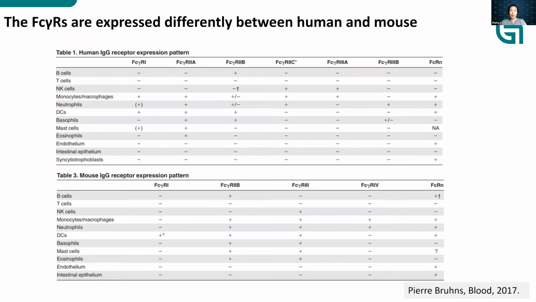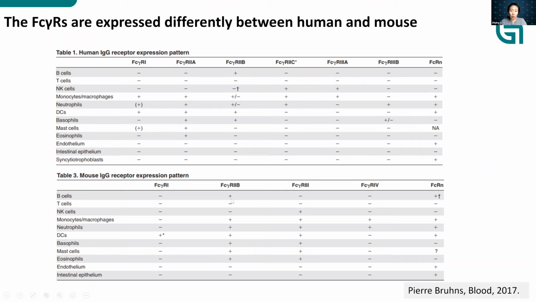So here again is demonstrating the difference between the human and the mouse in a different way, which is by subcellular distribution. So as you can tell, human is on the top, mouse is on the bottom, and in human there are like 7 different molecules, right? And then they are quite differentially distributed among different immune cell types.